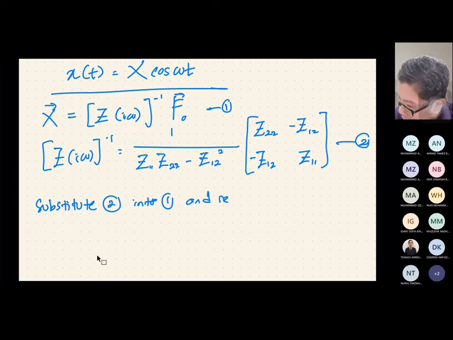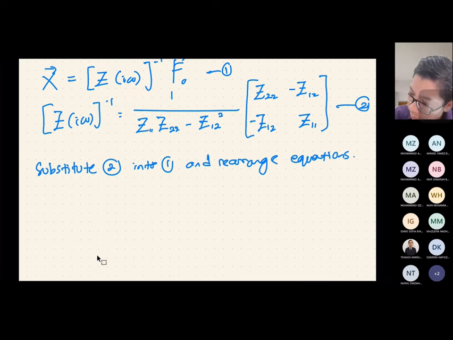and we arrange the equations. Okay. So we'll have x1. So we have two x1 and x2. And capital x1 and x2.